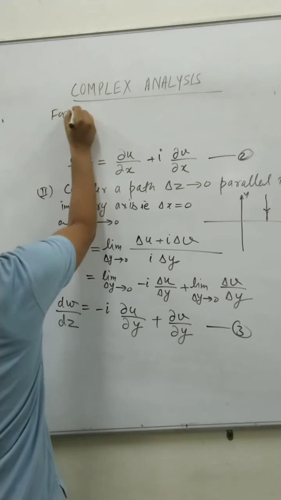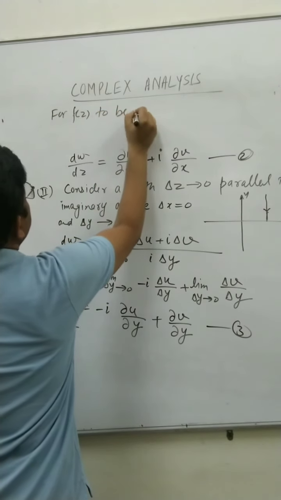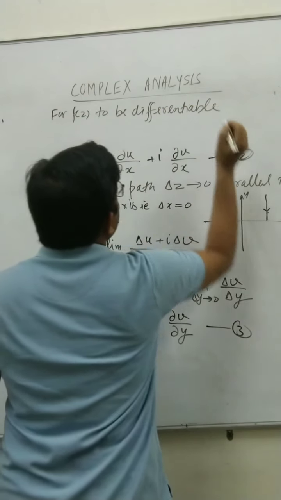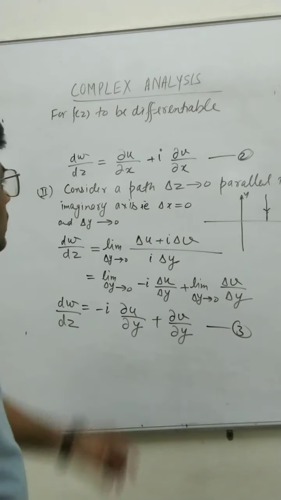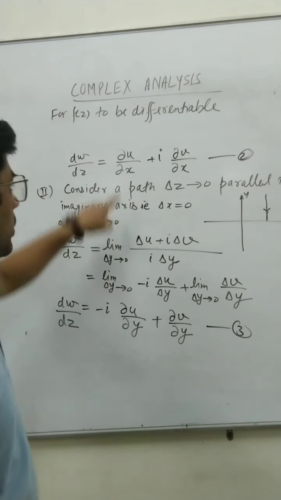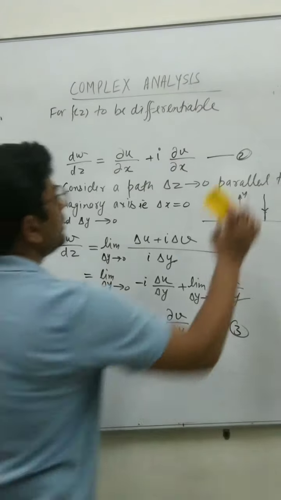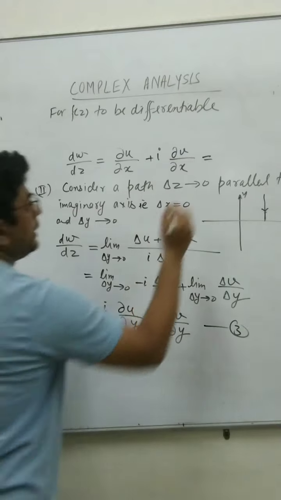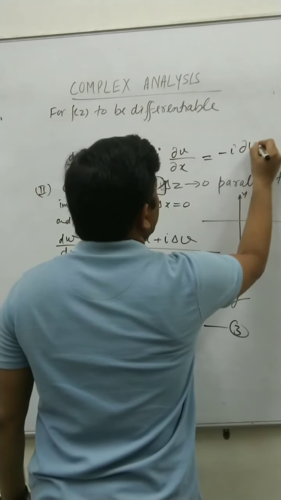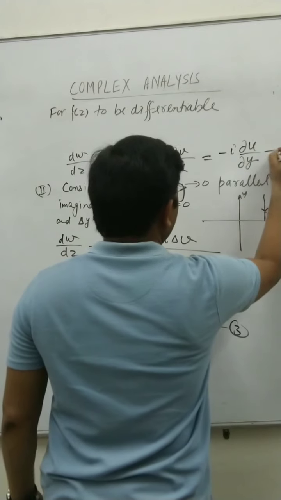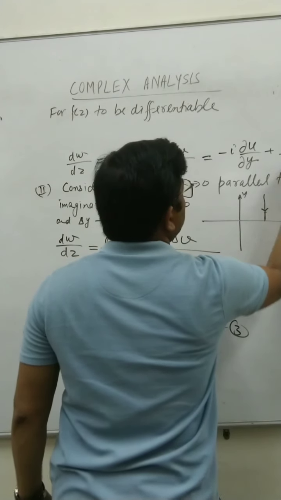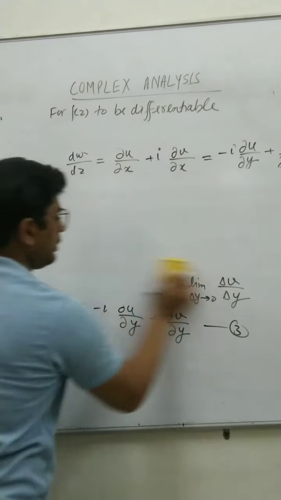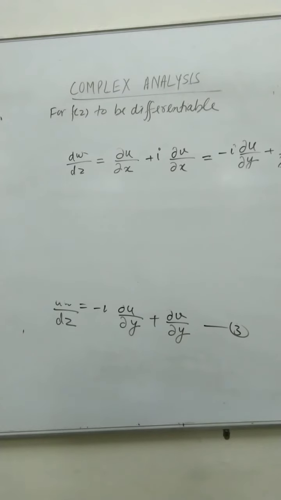So for the function to be differentiable, the value from equation 2 and the value from equation 3 should be the same. So I am writing here, dw upon dz equal to this, and now this is equal to minus i partial derivative of u with respect to y plus partial derivative of v with respect to y.